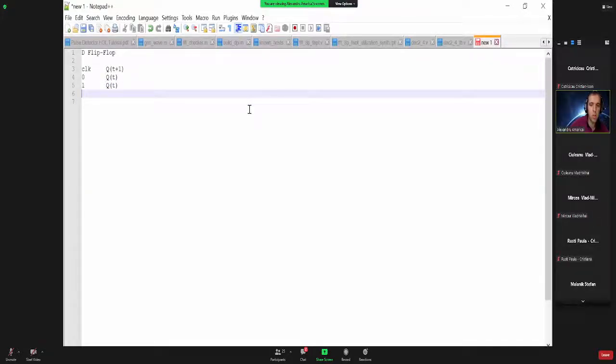And you only want the change from 0 to 1, when Q of T plus 1 becomes what? D. Becomes D, okay.